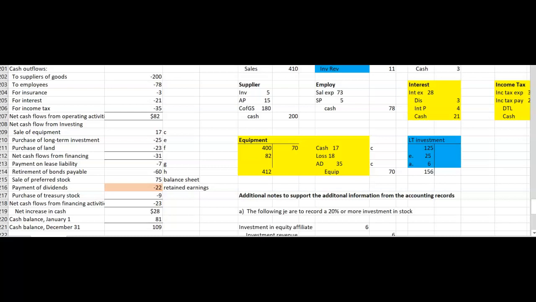If you go to the analysis of preferred stock in the equity section of the balance sheet, you can see that preferred stock at the beginning of the year was 0, and at the end of the year, it was $75 million. I would also like to point out to you in April, 1 million shares of common stock were repurchased as treasury stock at a cost of $9 million. So you can see that the treasury stock is a cash outlay of $9 million.